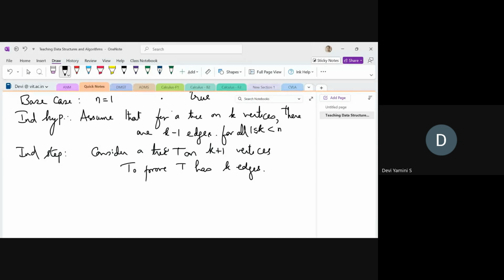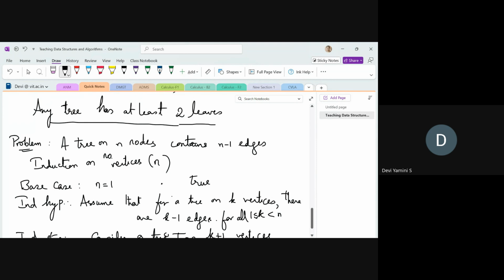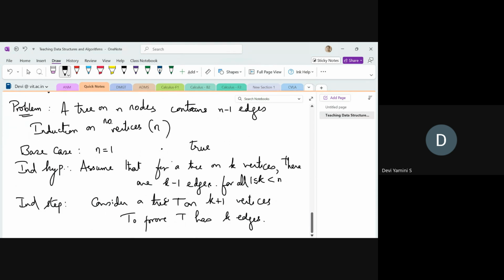I'm given a tree on k plus 1 vertices. How do I prove that it has k edges? A clue that I can give you is the one I said before: any tree has at least two leaves. You can think about the statement and get me a proof idea for the induction step.